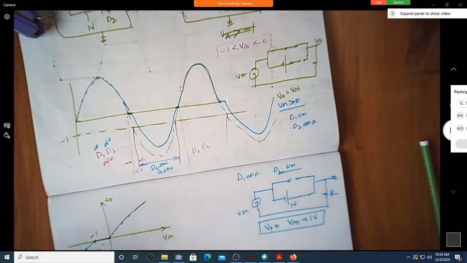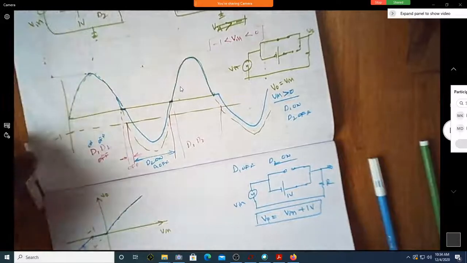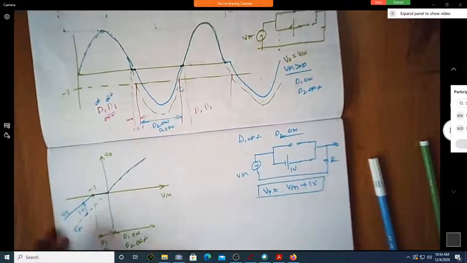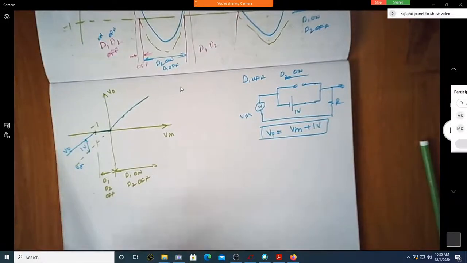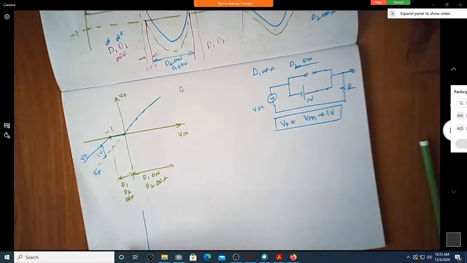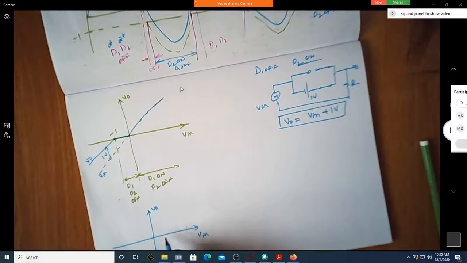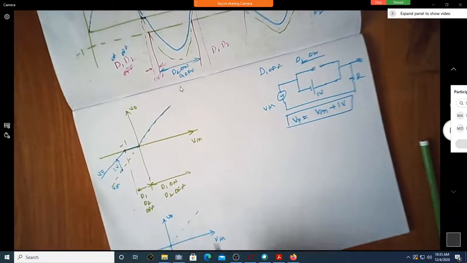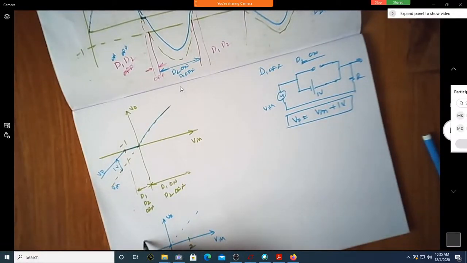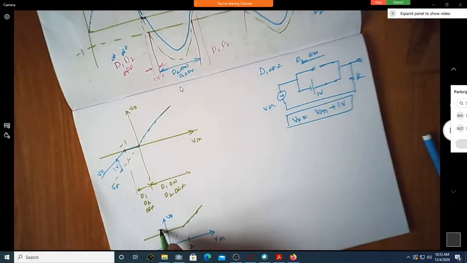Let me ask you, how do we write a circuit diagram from a characteristic? Assume that I have a characteristic something like this. This is V in, this is V naught. Assume that I have this as my dotted line. Assume that this is 2 volt, and this is also 2 volt.